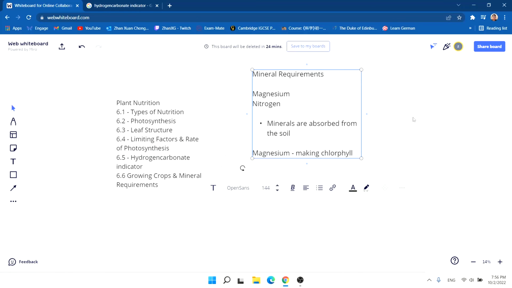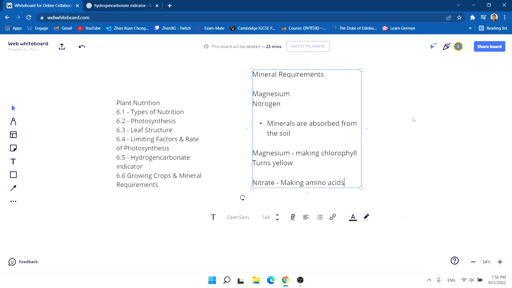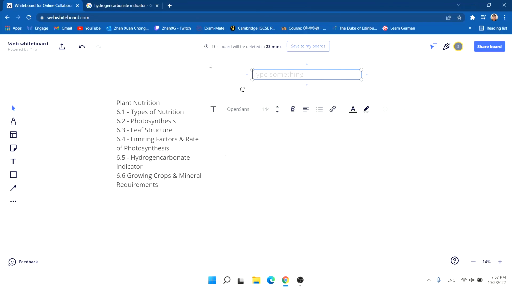If there's a deficiency of magnesium, the leaf turns yellow. And then nitrate. Nitrate is for making amino acids, and the deficiency will be stunted growth. Okay, that's all for mineral requirements. That's why mineral requirements are so important for the plant in order to grow.